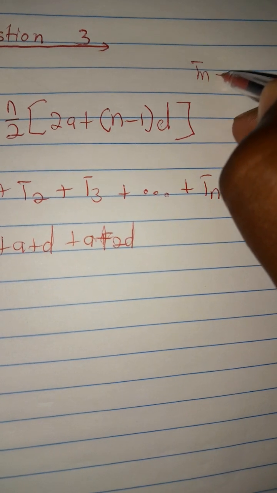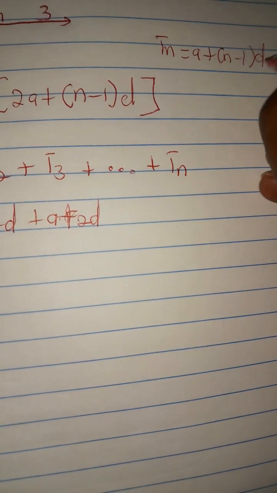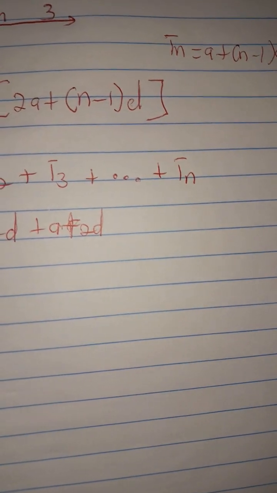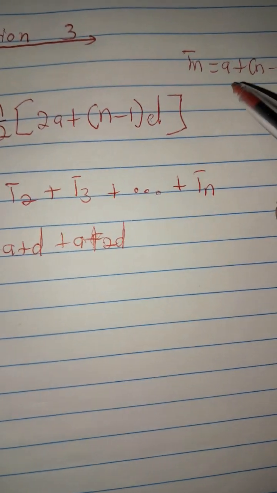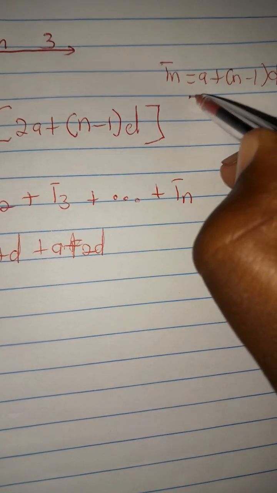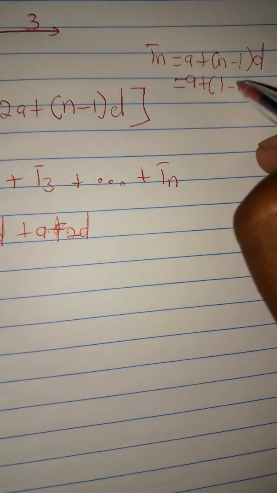I used the general term of an arithmetic series, which is Tn = a + (n - 1)d. Where there is n, I put 1. So I'll just show you this one: a + (1 - 1)d.